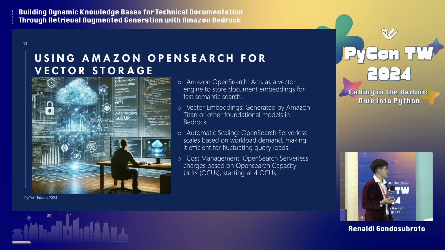Oftentimes, it's something that a lot of organizations are talking about, about how you can best optimize the workflows but keep track of the cost appropriately, because sometimes when it goes into fine-tuning or into RAG, it might end up consuming a lot of cost, including when you go into provisioned capacity, which I'll talk about in a bit as well. But essentially, OpenSearch Serverless charges based on OpenSearch capacity units, or OCUs, starting in this case at 4 OCUs.